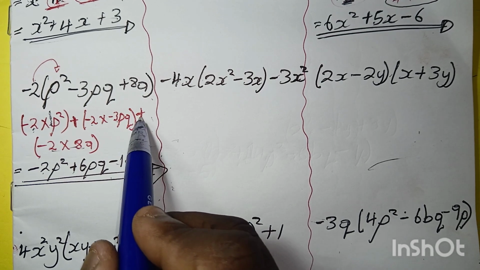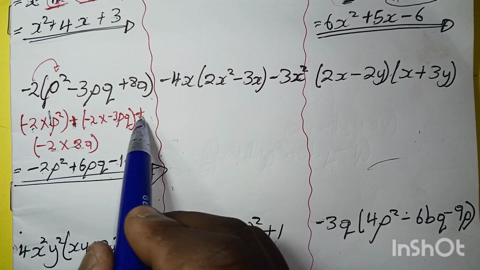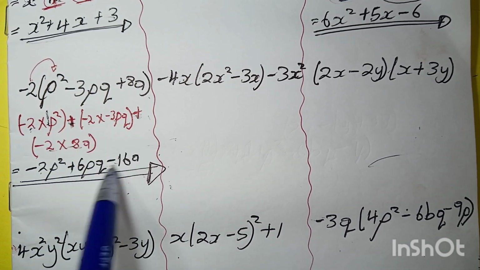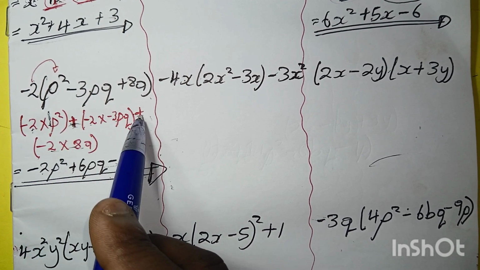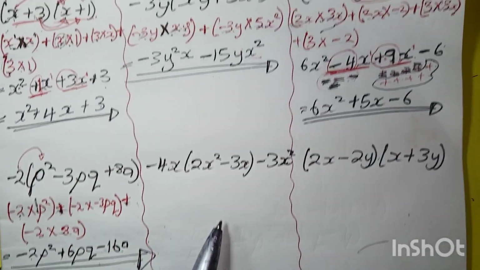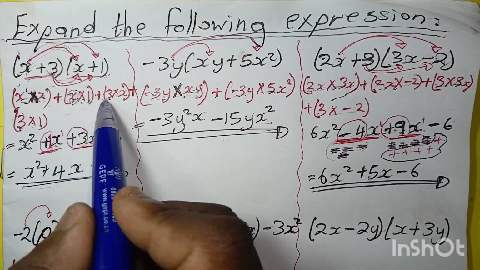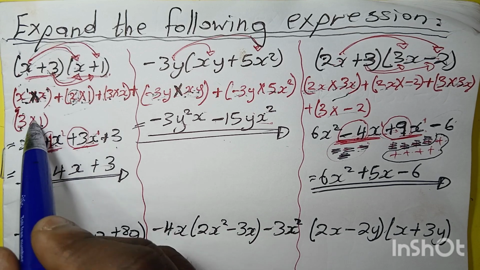What about this positive? Why don't I put this positive here? These positives, guys, they just disappear. Do you understand? This positive, the one which separates this bracket, we just put it to show that this thing is the expression.